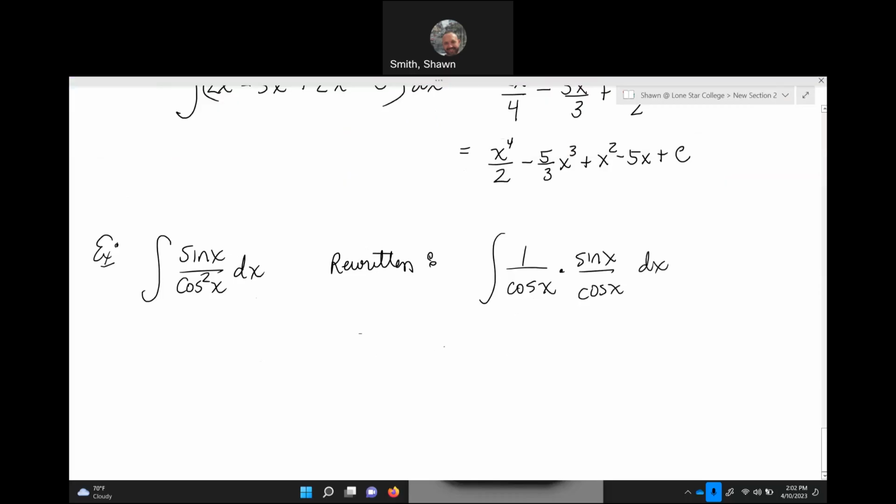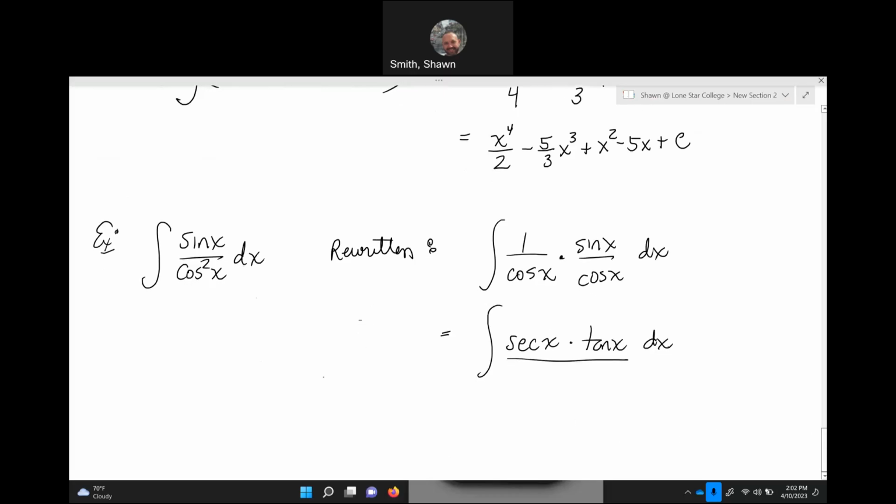And now I have an identity: 1 over cosine x is secant of x. And what is sine over cosine? Tangent of x, right? And this right here is one of those nice derivatives. That's the derivative of what? Tangent? Is it?